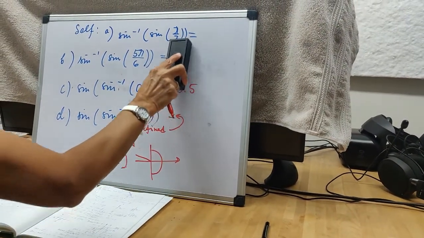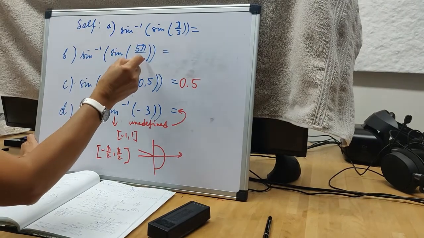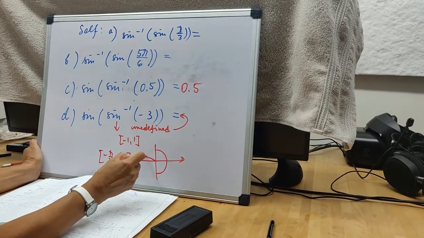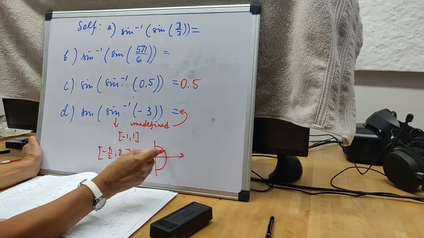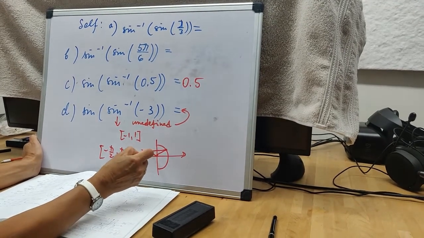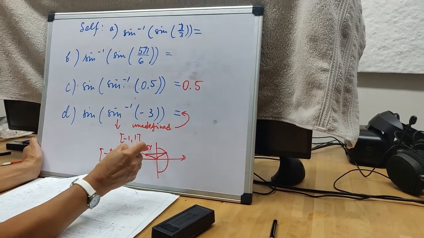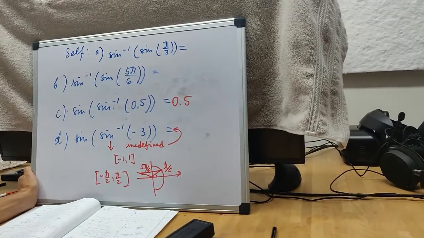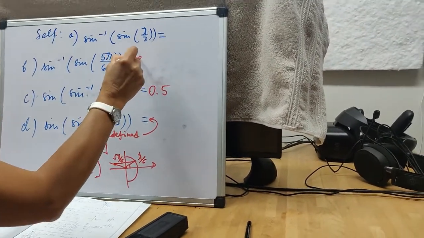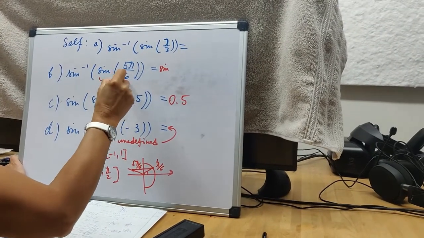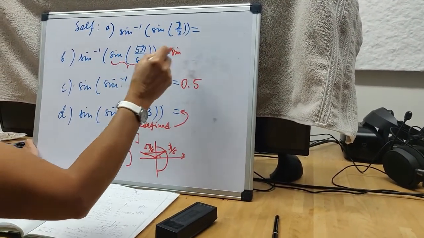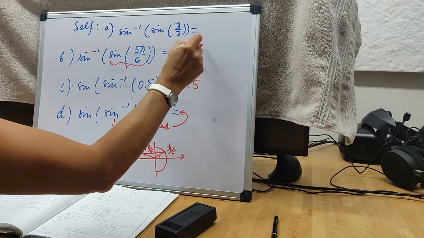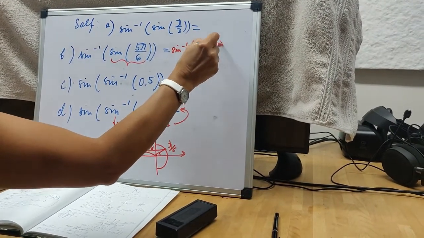I'm going to erase 5 pi over 6 and think. Okay, the sine of 5 pi over 6 is going to be equal to the sine of some other angle. If this is 5 pi over 6, the little angle over here is just pi over 6, and that's going to produce the same y. So I'm going to use this fact and substitute instead of this expression sine of pi over 6.